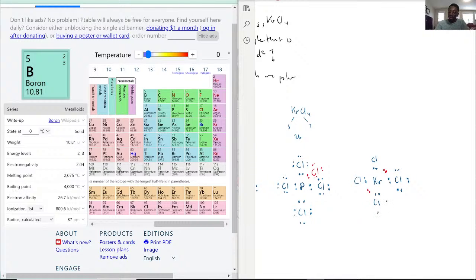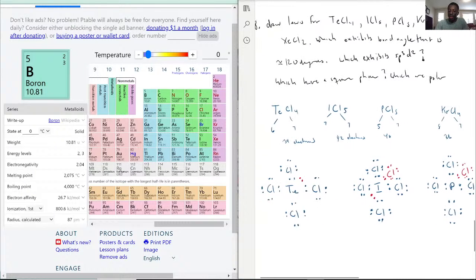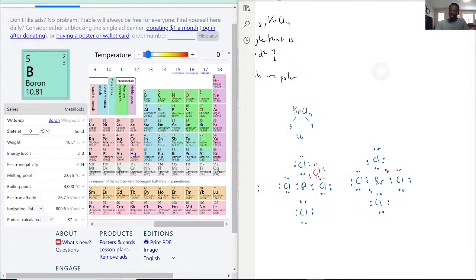Same for each chlorine. So with that being said, 8 times 4 is 32, plus 4 more on the krypton, 36. So we're good there. Now for the last one, XeCl2.